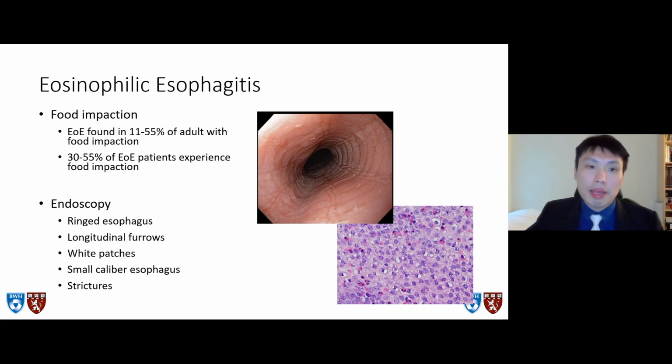In patients coming in with food impaction, up to 55% are ultimately diagnosed with EOE as well. On endoscopy, you can see signs of a ringed esophagus, as shown here, with longitudinal furrows going down. Sometimes you can see white patches and maybe a small caliber esophagus or even strictures.